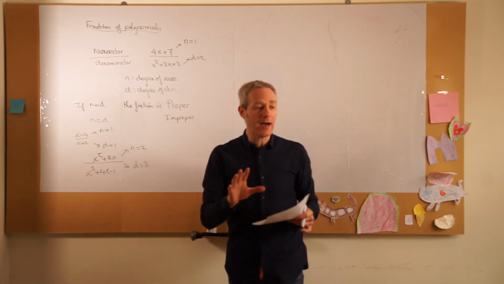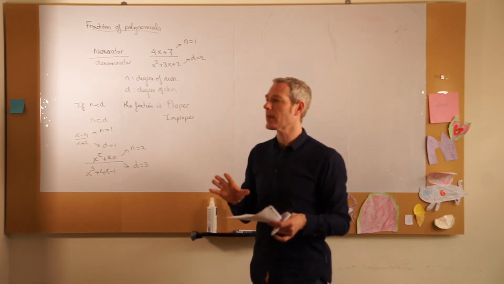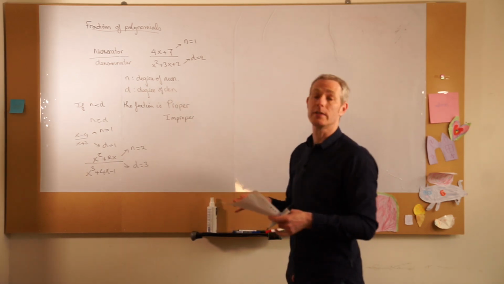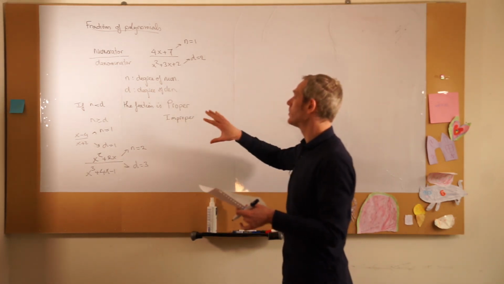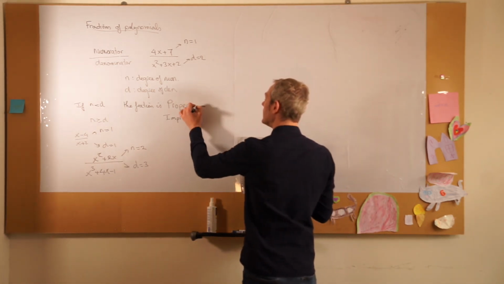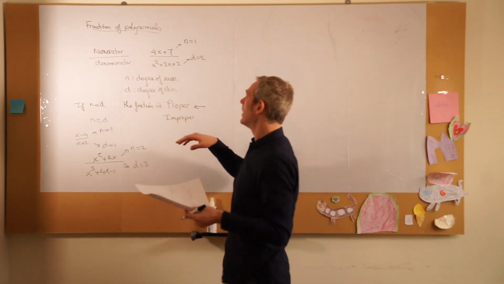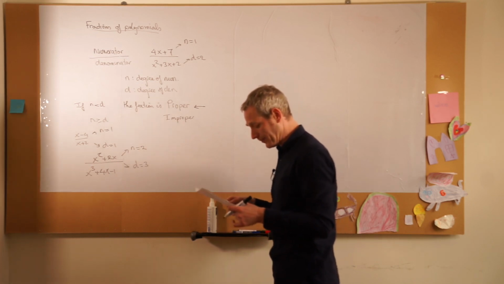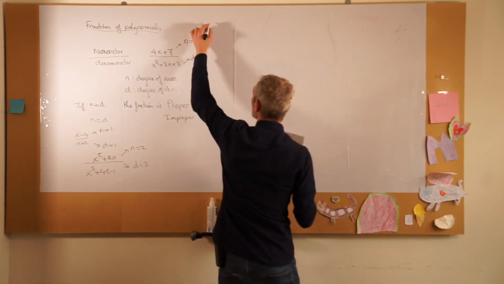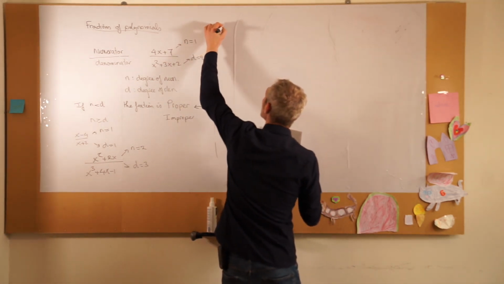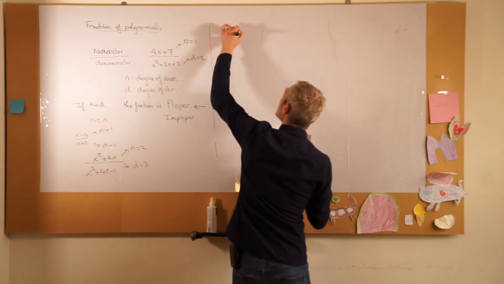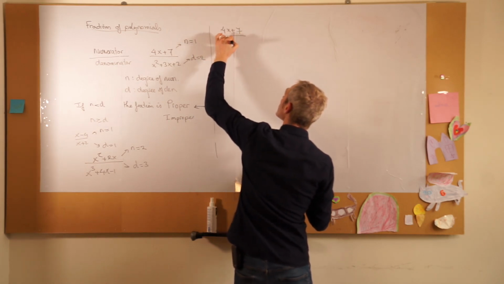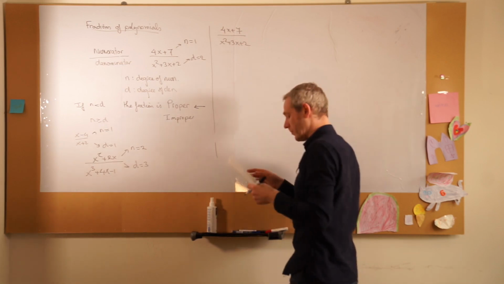For now, and we will continue a bit later on improper fractions, we will only look at proper fractions where the degree of the numerator is less than that of the denominator. So let's return to our example, (4x + 7) over (x squared + 3x + 2).